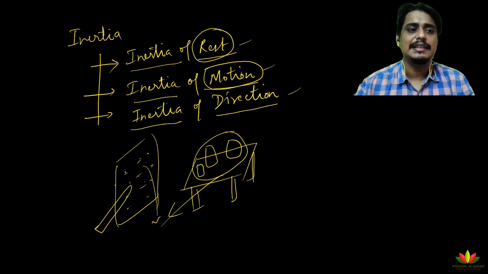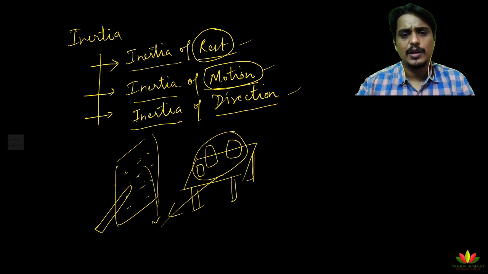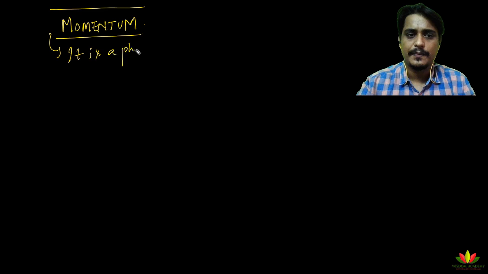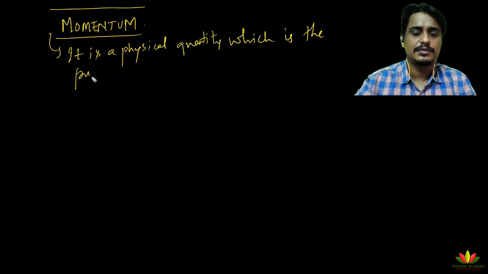Now let us see the second law of motion. But before I start talking about the second law of motion, I must tell you what is momentum. There is one new term coming, momentum. What is momentum? Momentum is a physical quantity which is the product of mass and velocity.